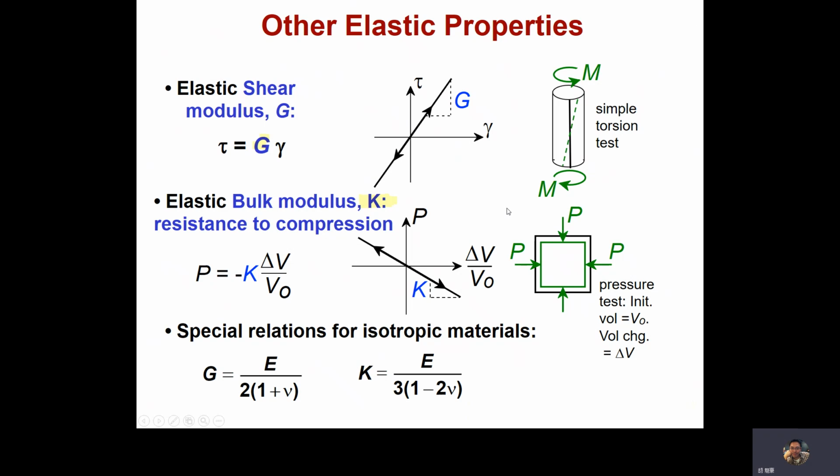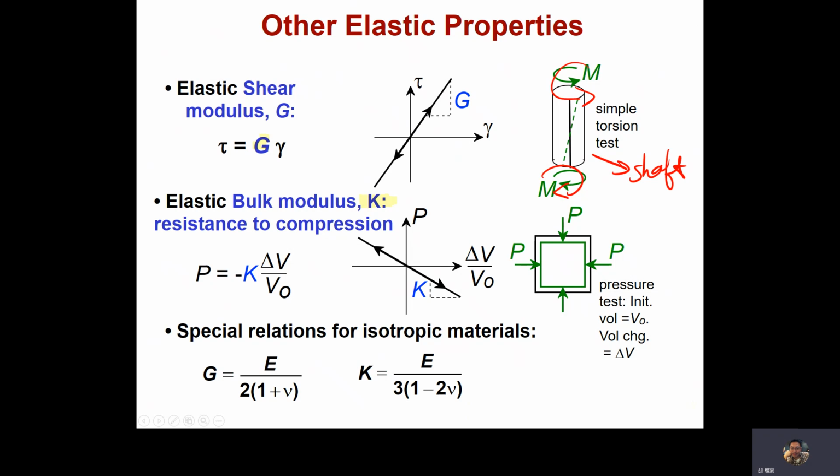And there are some other elastic properties. As I already mentioned, the torsion. When we apply a torsion to a shaft, there must be a twisting angle. When this moment or torsion is released, this angle will return to zero.